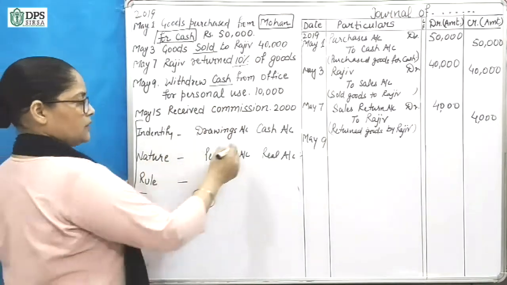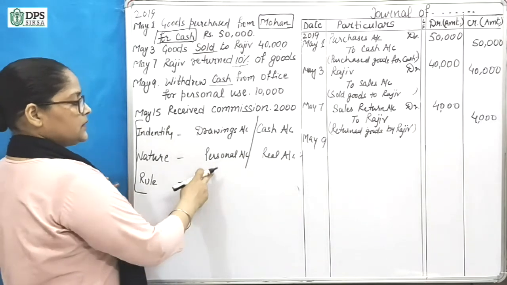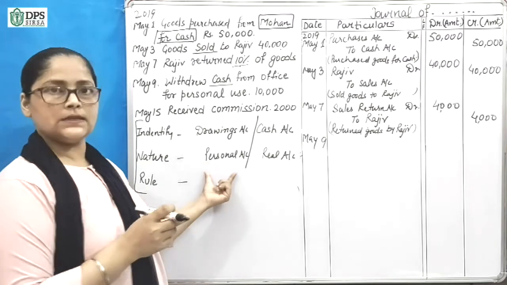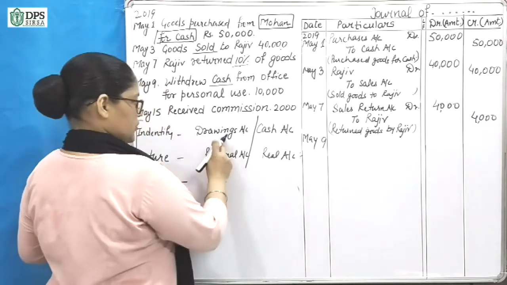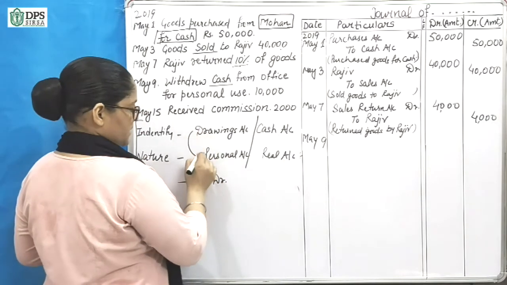Now he is withdrawing for personal use, and the person who is receiving the amount, what will that be? Debit. The drawings account will be debited, because it denotes a personal account.